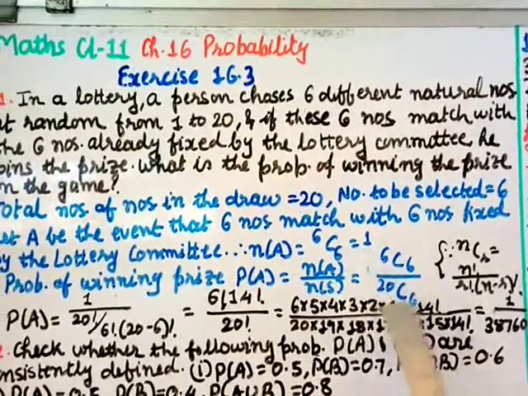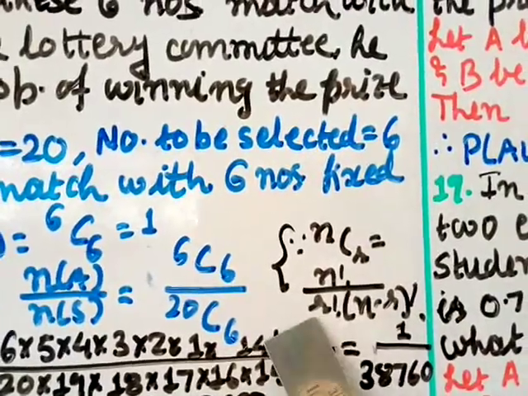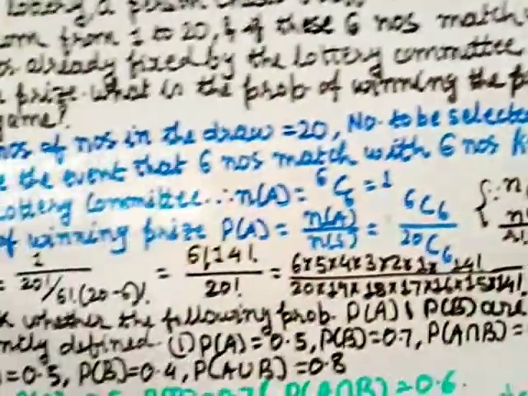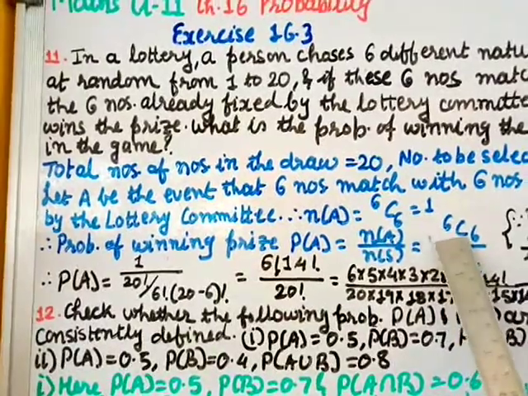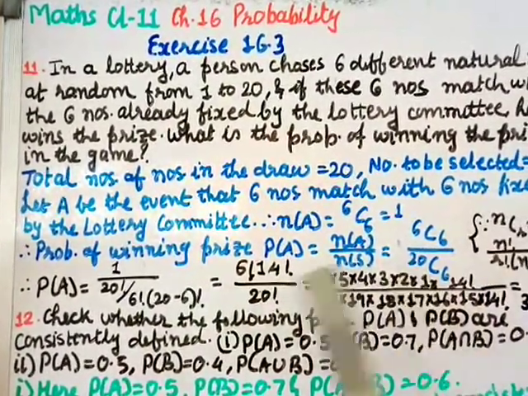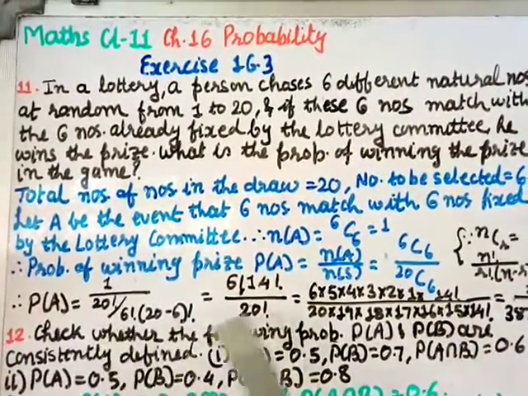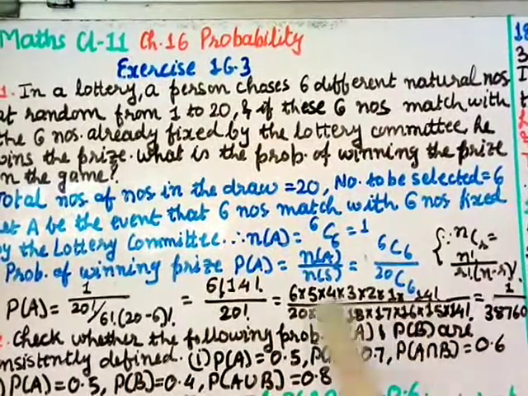6C6 is 1, and for this value we use the formula nCr equals n factorial divided by r factorial into n minus r factorial. So P(A) equals 6C6, which is 1, and 20C6, where n is 20. So 20 factorial divided by r factorial, that is 6 factorial, into n minus r, that is 20 minus 6 factorial.